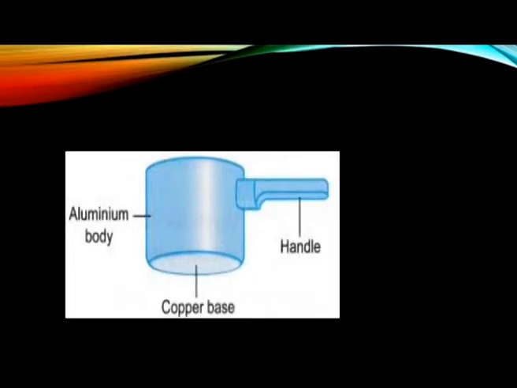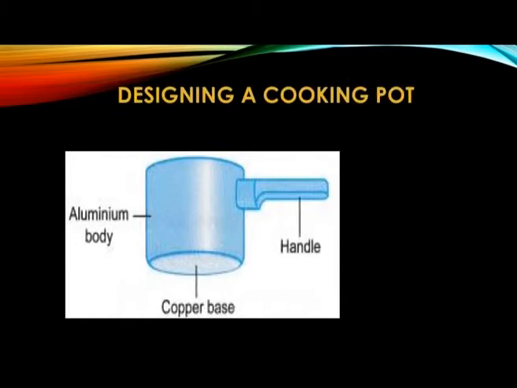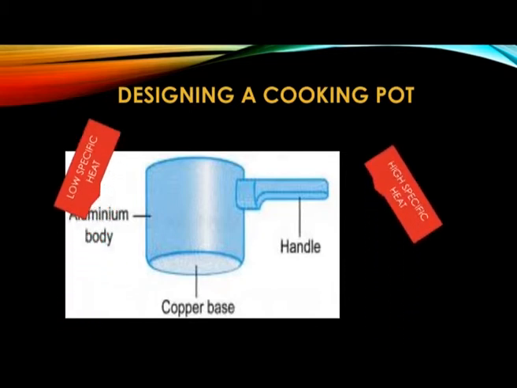Let us see the designing of a cooking pot. The body of the cooking pot is made up of aluminum, which has low specific heat. The handle of the cooking pot is made up of plastic, which has high specific heat. And the base of the cooking pot is made up of copper, which has low specific heat.